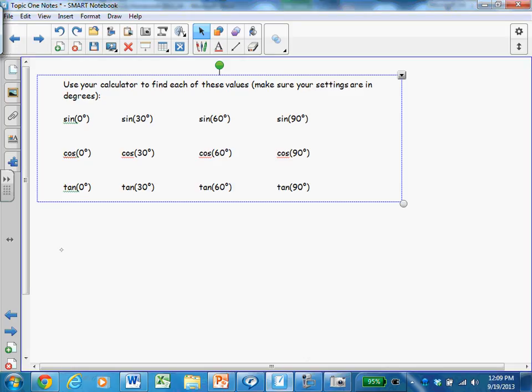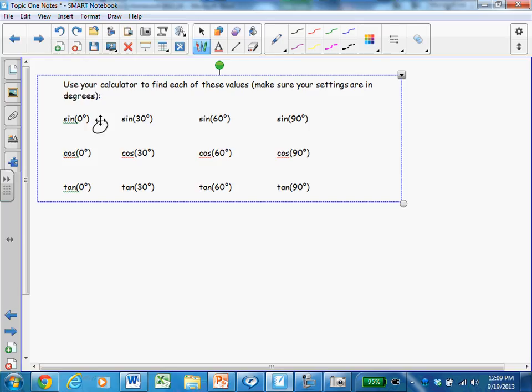So what is the sine of 0? Well, it's the opposite to hypotenuse. We're saying for a 0-degree angle, what is the opposite side? It's 0. So what would be the O over H then? It must be 0. How about sine of 30? Well, we found that one already.